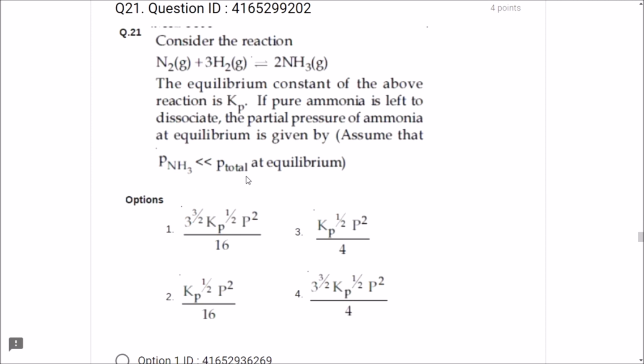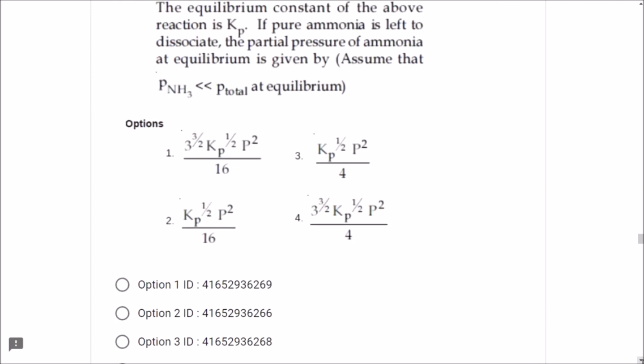Dear friends, upon substitution and calculation, what we are going to get is option number 1, 3 to the power of 2, Kp to the power of 1 by 2, P to the power of 2 by 16. Option 1 is correct, students.